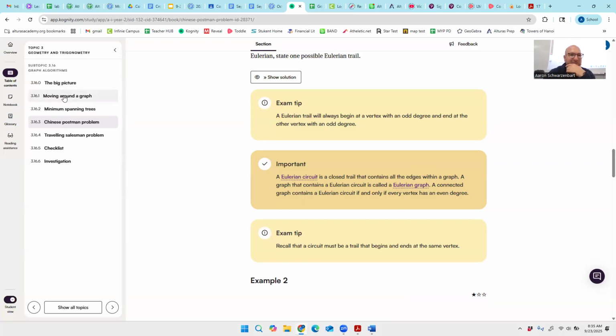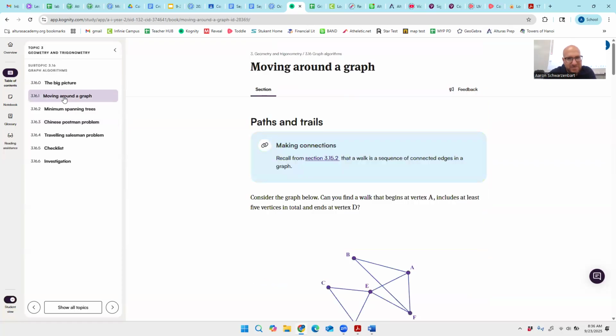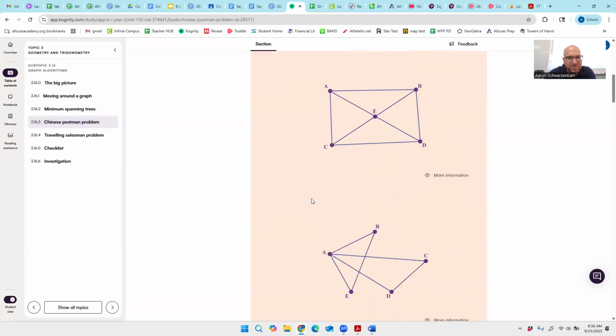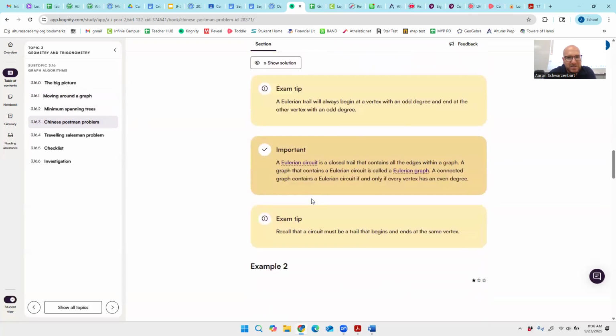I'm going to go back and read those definitions again. Do you guys need this still on the screen? Yeah. This is where it gets a little tricky in some of these, knowing every definition. The hard part about graph theory is knowing every definition and every algorithm. Did you guys watch yesterday's?